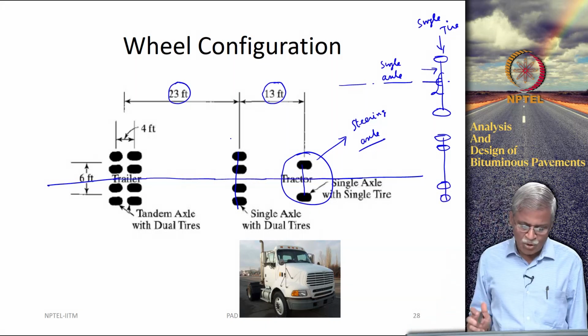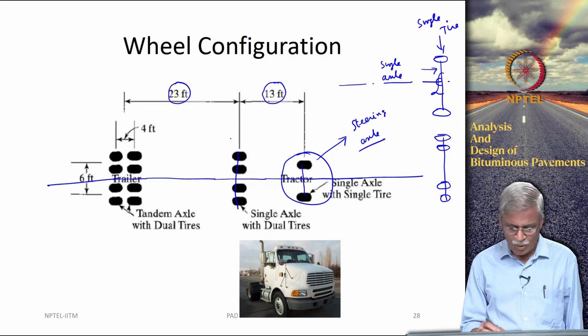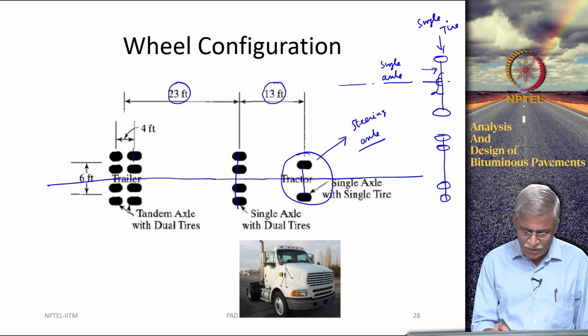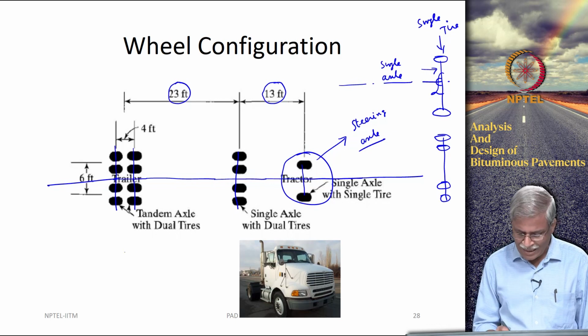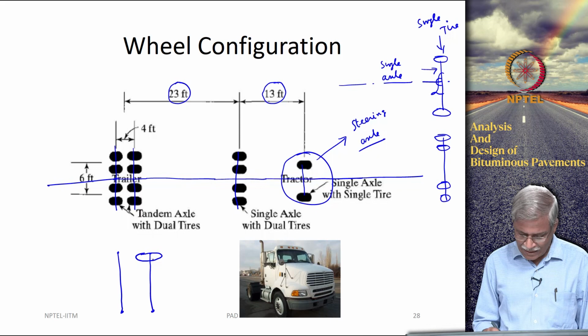And the next and the most important thing that we are going to talk about is called the tandem axle with a dual tire. So what do I mean by tandem axle? There are two axles, so that is why the word tandem, and each axle has two tires on either side.